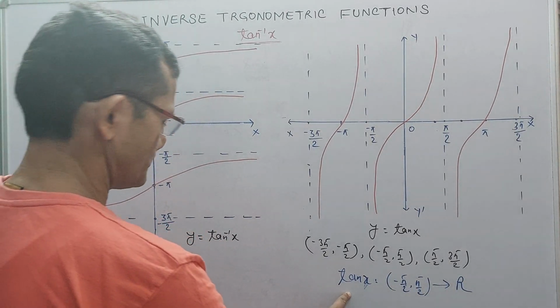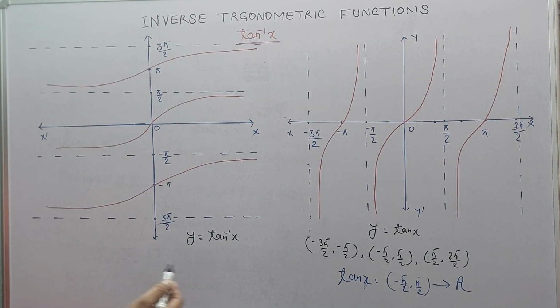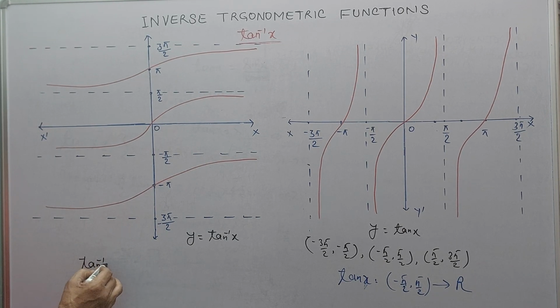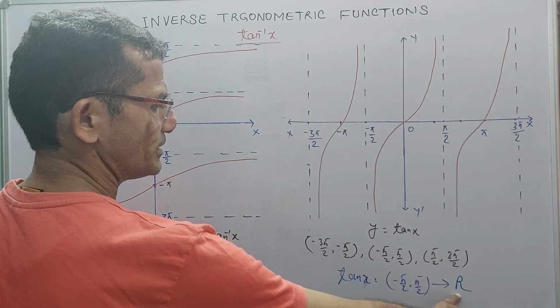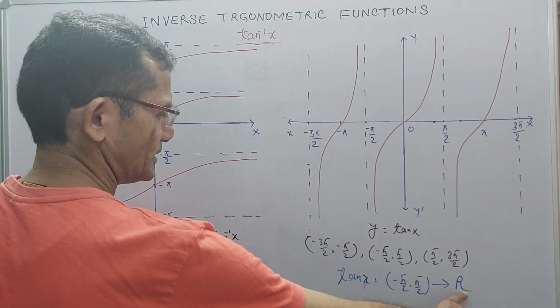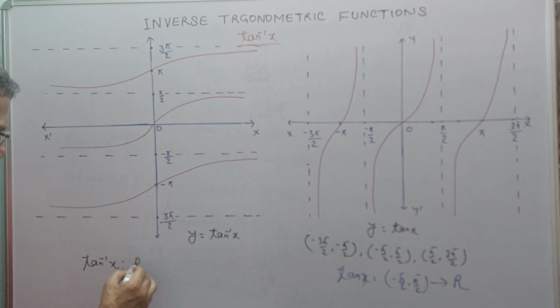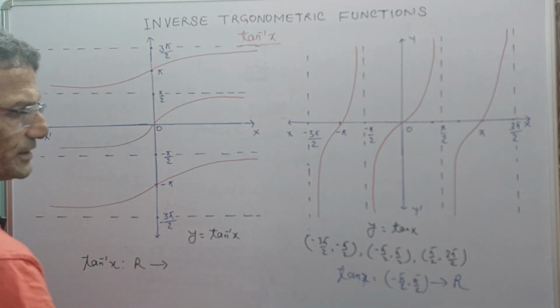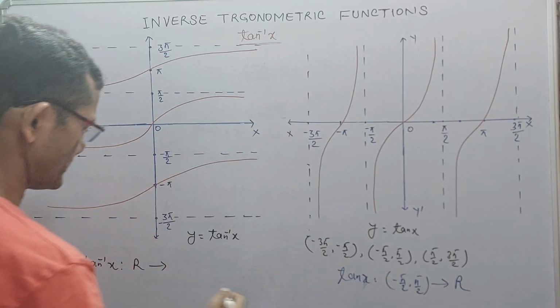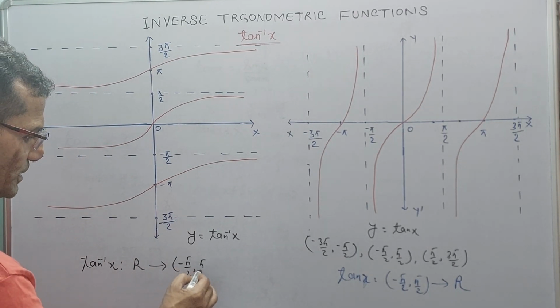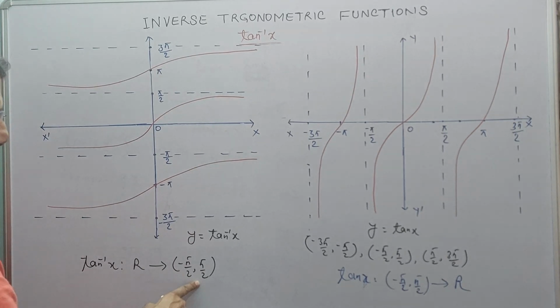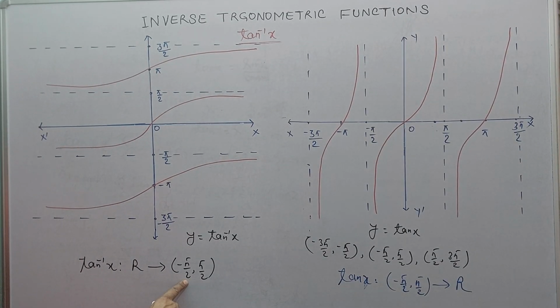The corresponding inverse, tan inverse x, will have as its domain the set of real numbers R, and the range will be minus pi by 2 to pi by 2, open at minus pi by 2 and pi by 2.